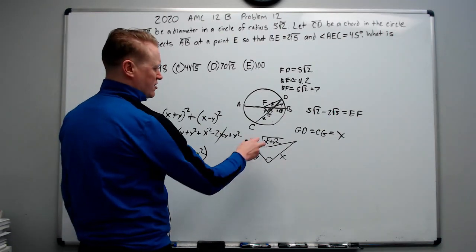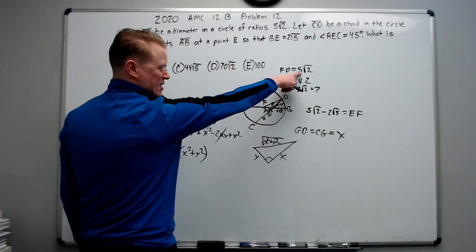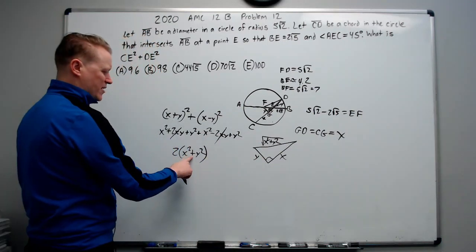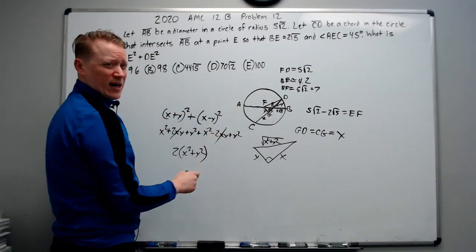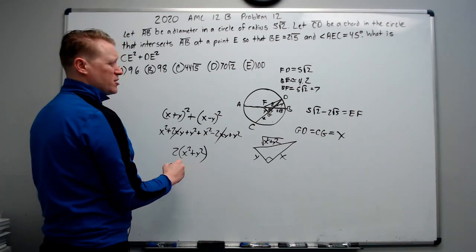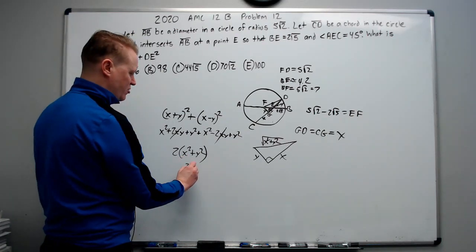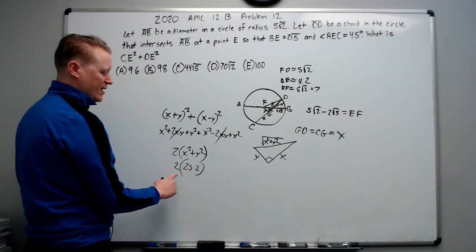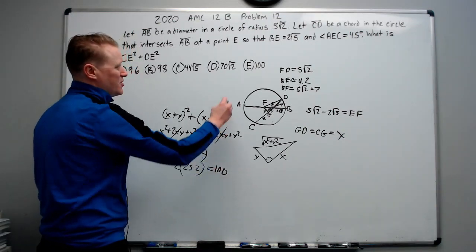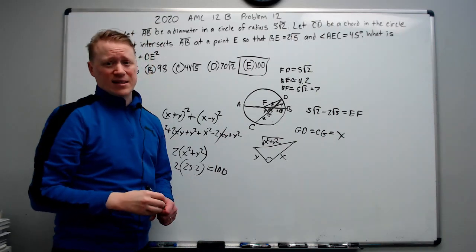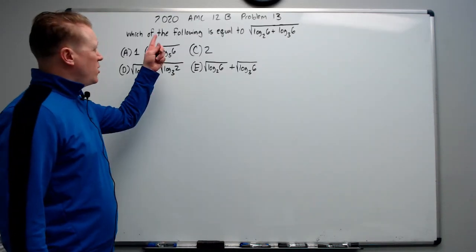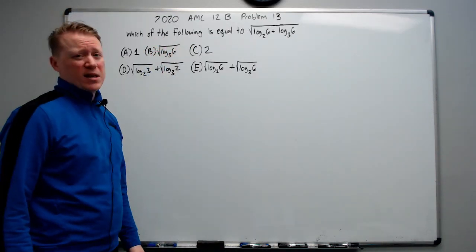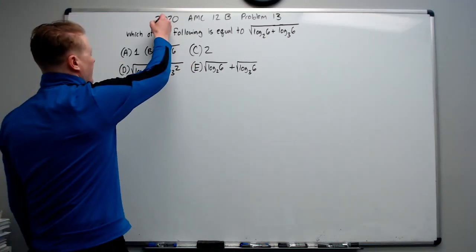The hypotenuse for us is 5 root 2. So X squared plus Y squared equals 5 root 2 squared, which is 25 times 2, which is 50. And then we have the 2 out front. So 2 times 50 is 100. And the answer is E. And this is the 2020 AMC 12B problem number 13.